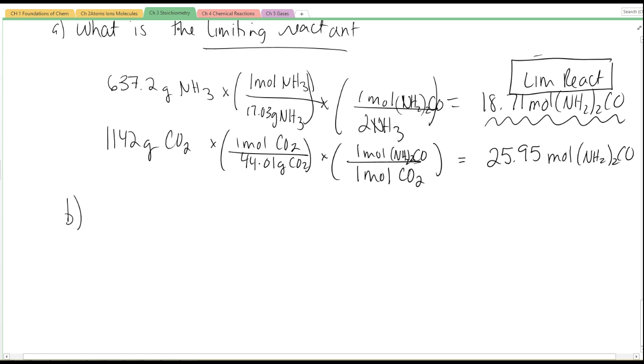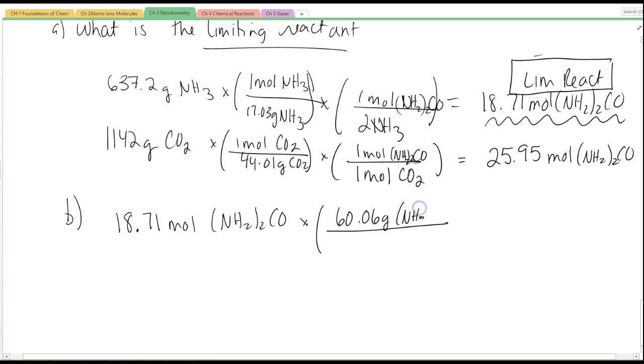So what I need to do next is I need to figure out how many grams of the product I've made. I already know that based on my limiting reactant amount, I can make 18.71 moles of NH2CO. And I need to convert that now to grams. So the molar mass of that is 60.06 grams per 1 mole.